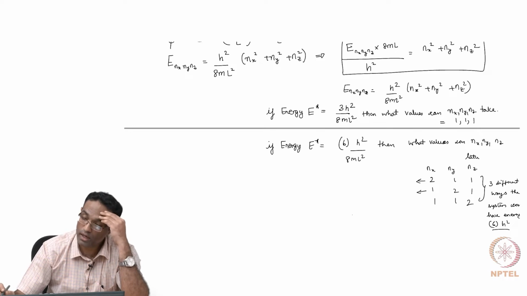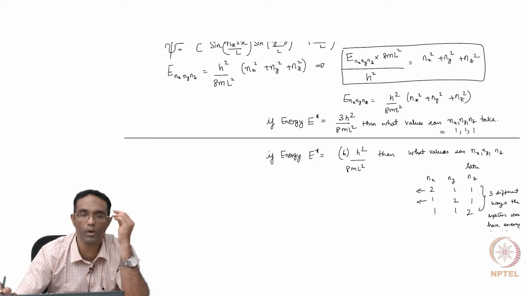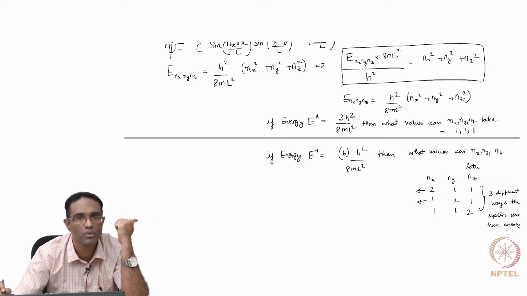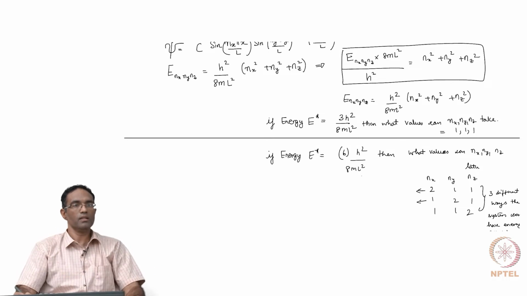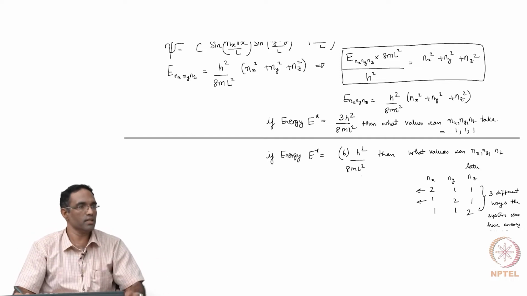Now another thing that you have to notice is that between 1, 1, 1 and 2, 1, 1, there aren't any other energy levels. There is nothing in between this 3 h square by 8 ml square and 6 h square by 8 ml square, simply because these energies depend on nx, ny, nz, which are basically integer numbers, correct?